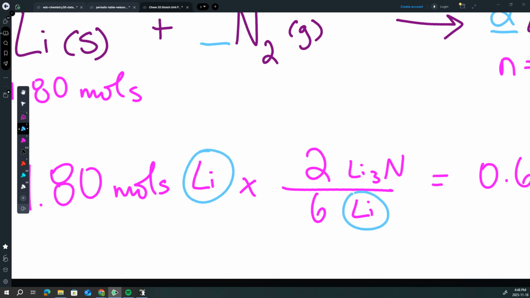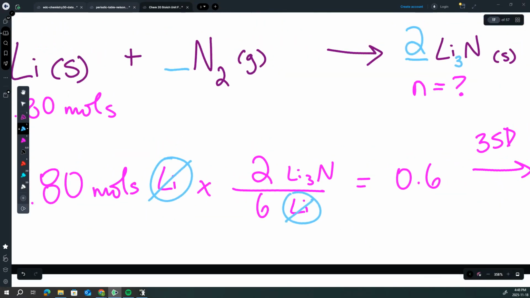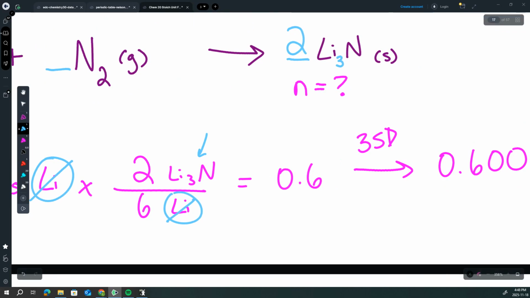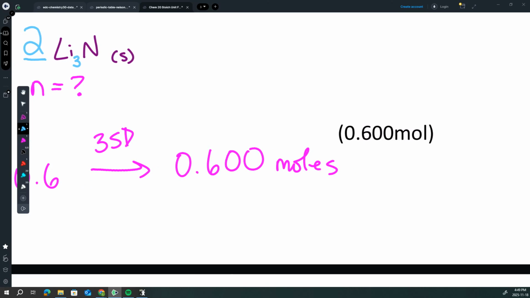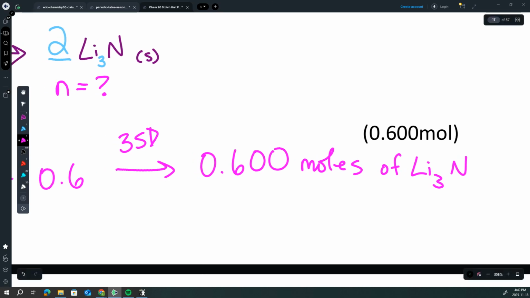So if I have the exact same thing in the numerator and denominator, those cancel out. Okay. And what we are left with is lithium nitride. So we have 0.600 moles of lithium nitride. And that's our final answer.